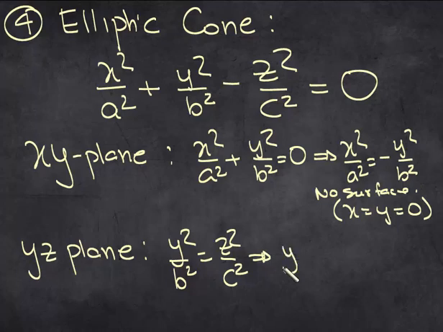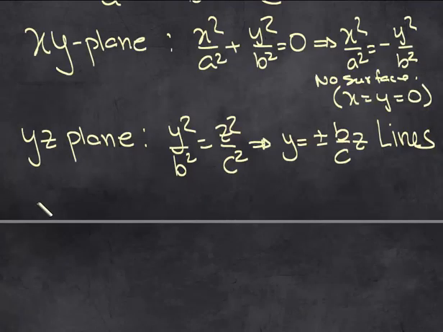So this gives me what? Y is equal to plus or minus b over c z, right? If you cross multiply and take square roots on both sides. So what are those called? Aren't they just lines? Similarly, the other one will also give you a line, so I'll let you write that down. The XZ plane will also give you lines.